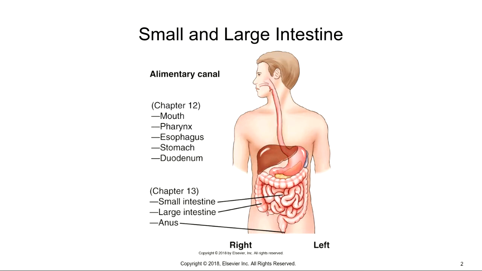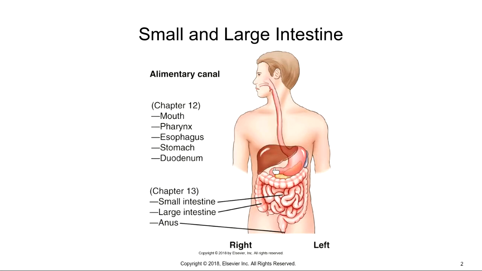This is just going over the correlation of where the small versus large intestine is. I know we've seen a picture like this before because chapter 12 is pretty much all about the upper portion of the alimentary canal, starting with the mouth, down through the pharynx and the esophagus into the stomach. And that's pretty much where chapter 12 leaves off.